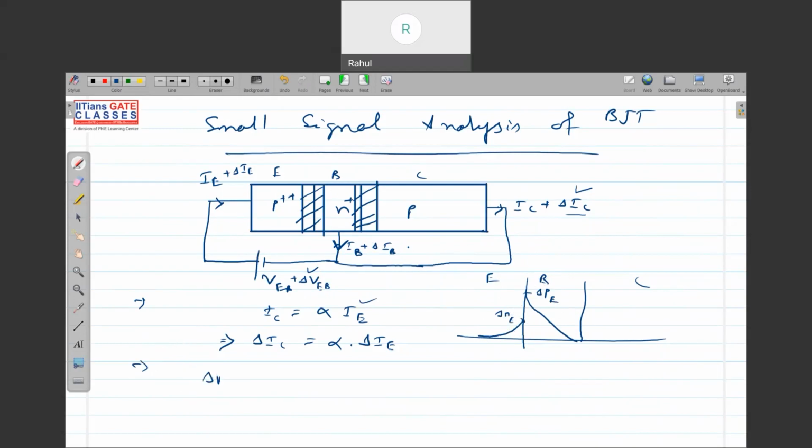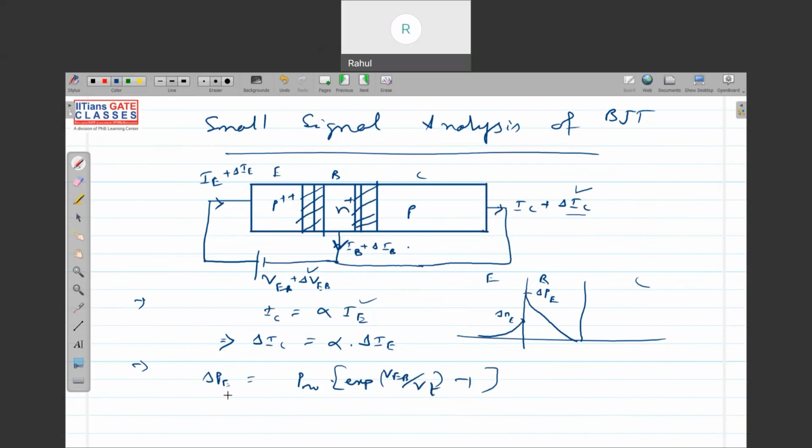Del P is the concentration of holes at the edge of the depletion region on the base side, depending upon my emitter to base voltage. So it is equal to how much it was there already, Pn0, times exponential of VEB by VT minus 1. This is my del P.